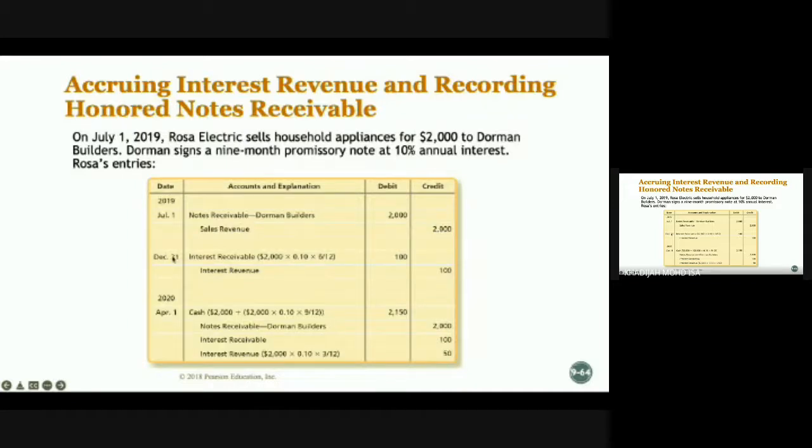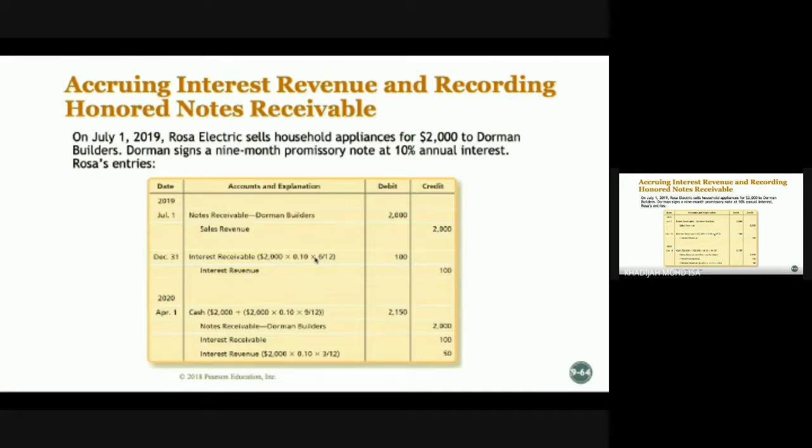So by December, you have 6 months: July, August, September, October, November, and December. What is the rate? The rate is 10% per annum. How are you going to record interest receivable? 2,000 times 10% times 6 over 12, because this is until 31st of December, your year end. So you put it as a receivable 100 and interest revenue recognized as 100.